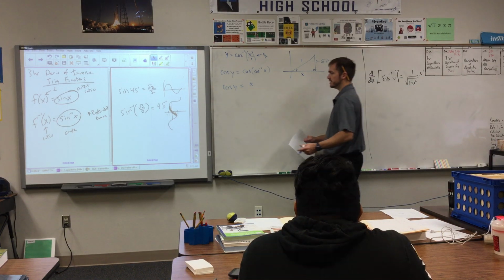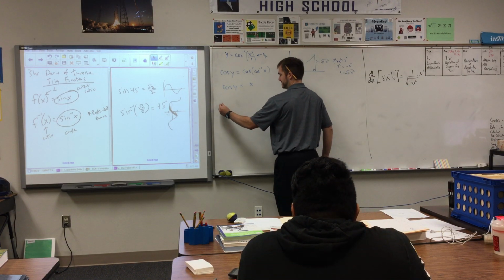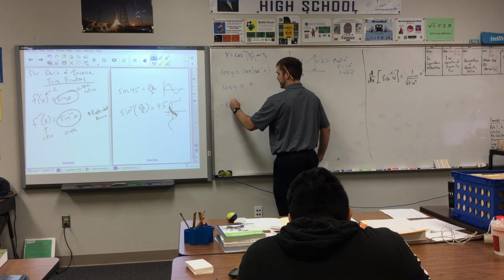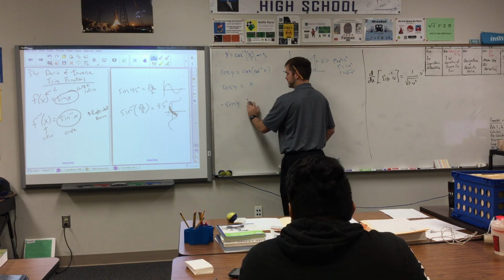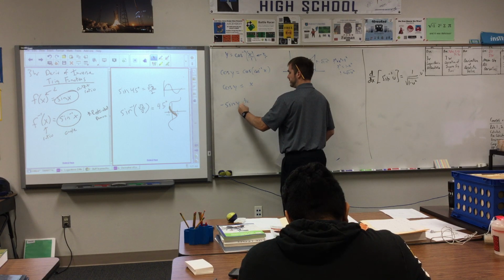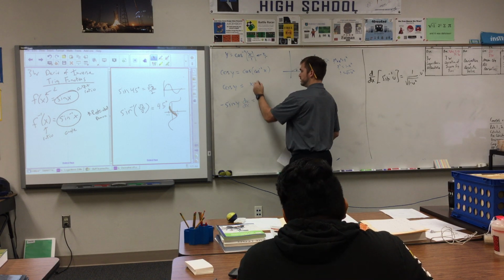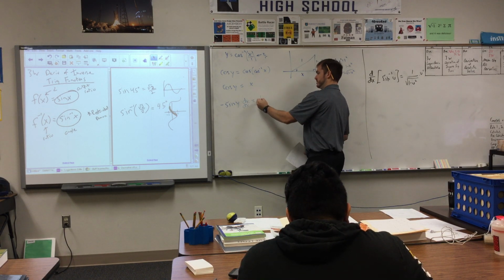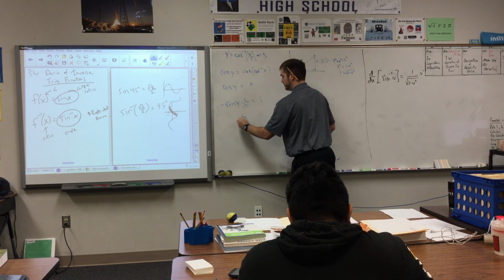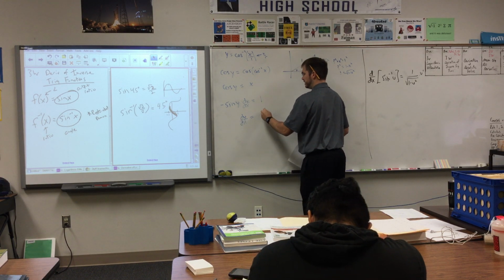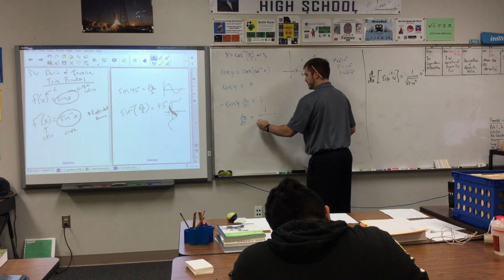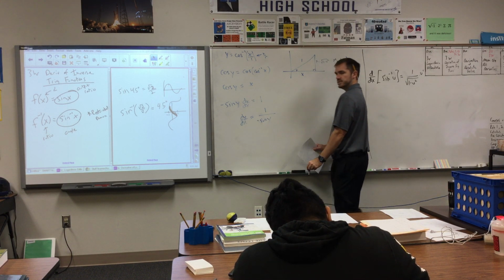What's the derivative of cosine y, class? Negative sine y times dy over dx. Derivative of x is 1. So dy over dx is going to be 1 over negative sine y.